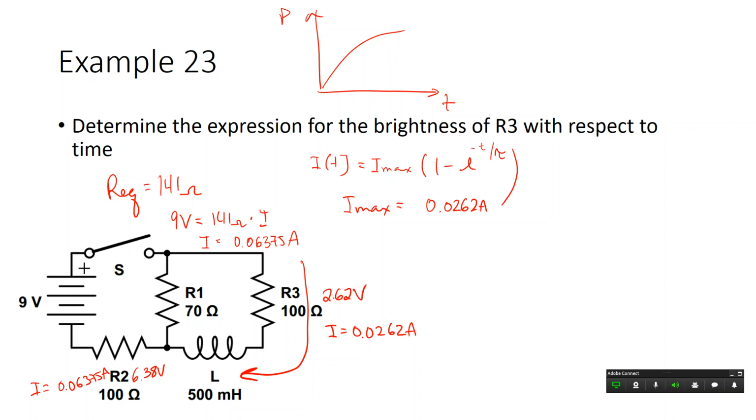Next thing we need to know is what time constant we're talking about. And we have to remember the time constant is L over R. So 0.5 henry over all the resistors that are involved. Are all the resistors involved? I think they're all involved. They're all important in some way. So that means it's going to be 141 ohms.